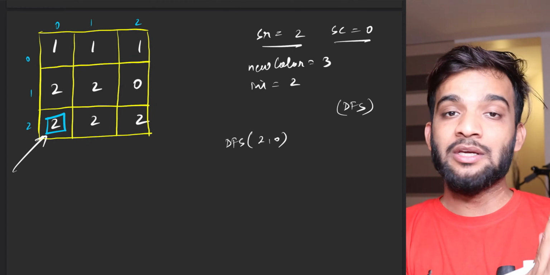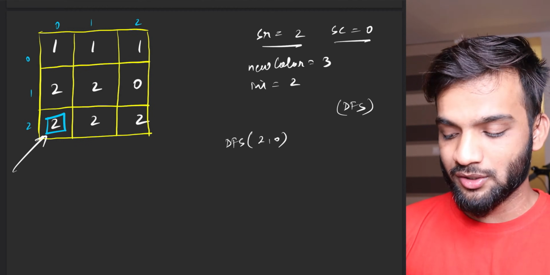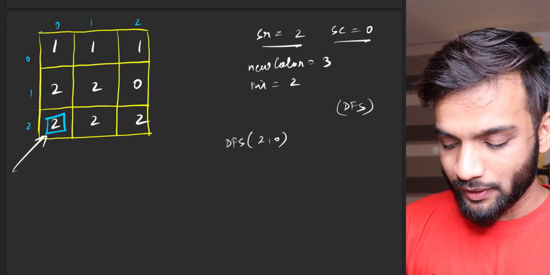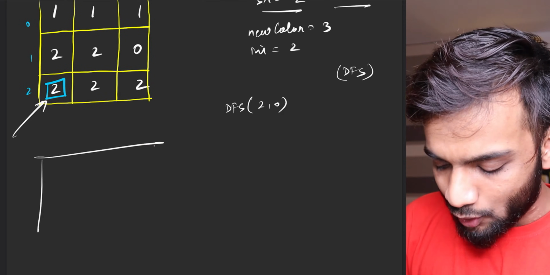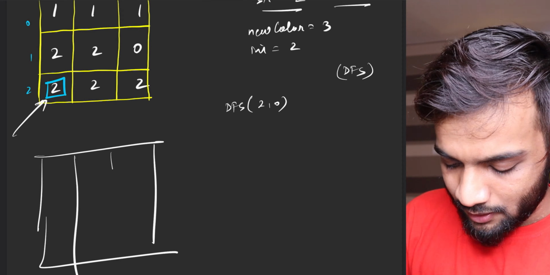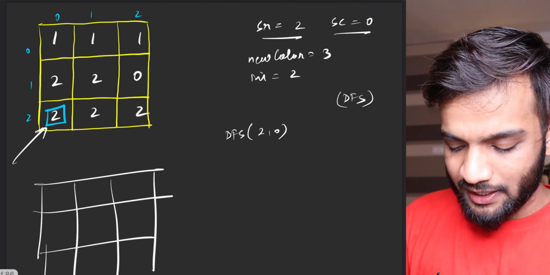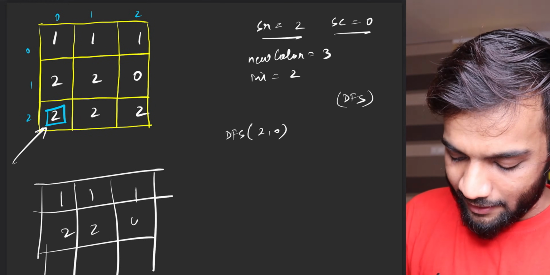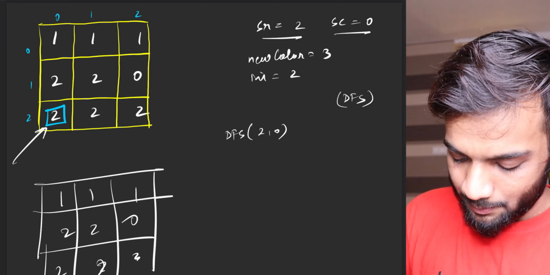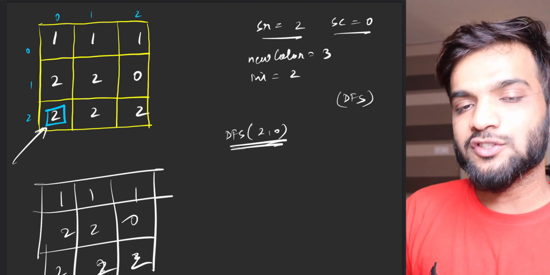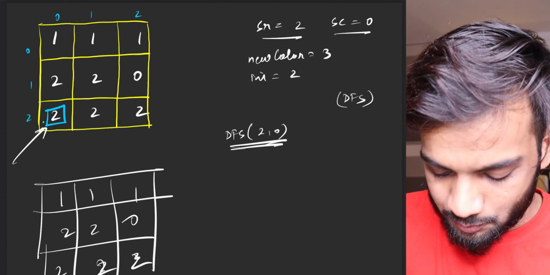That is something we follow in software engineering a lot. So what we will do is we will create a copy of this data and we will just fill up everything with the same numbers. Perfect. So we are starting with DFS of 2 0, which means at this portion.